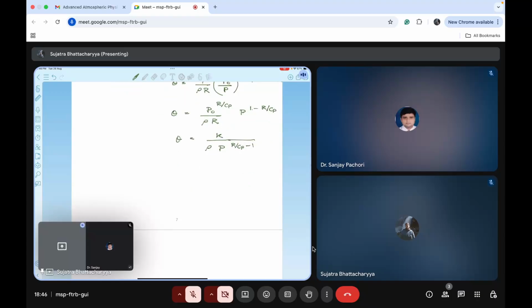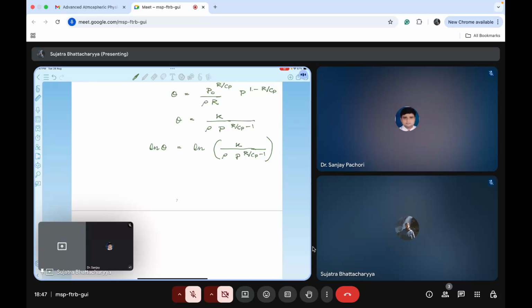Now, next what we will do is take log of this. So log of theta is equal to log of k divided by rho, p to the power R/Cp minus 1. Alright, this is what you have. Now, see, R/Cp minus 1. So, (R minus Cp) divided by Cp.